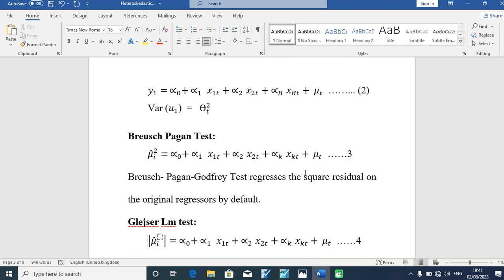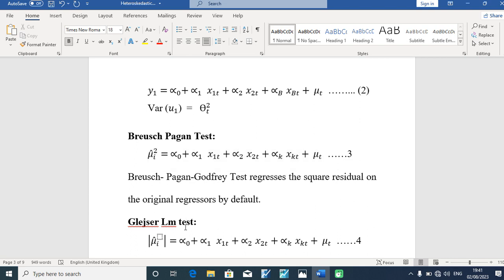Godfrey and Pagan actually regressed the squared residual on the original regressors by default. That means that in the Breusch-Godfrey equation, the squared residual or error term is the dependent variable, while the other explanatory variables remain the way they were.